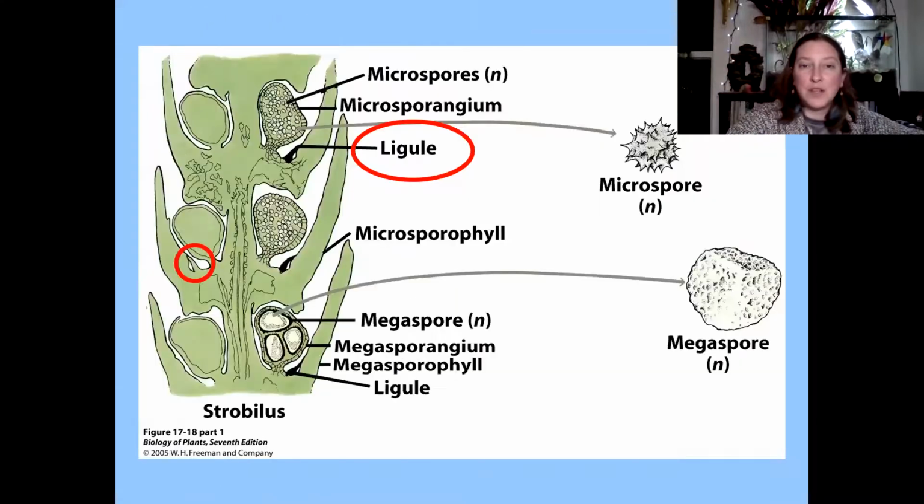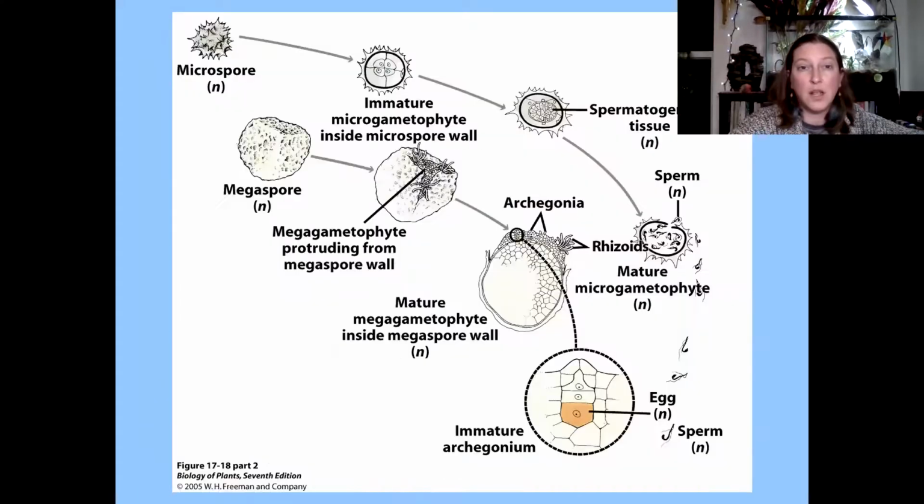So we ended up here, right, with microspore leaving the microsporangium, megaspore leaving megasporangium. We're talking about Selaginella here. Inside the microspore is going to eventually be a male gametophyte plant, which has been reduced to a single antheridium. So you can see its trajectory going this way.